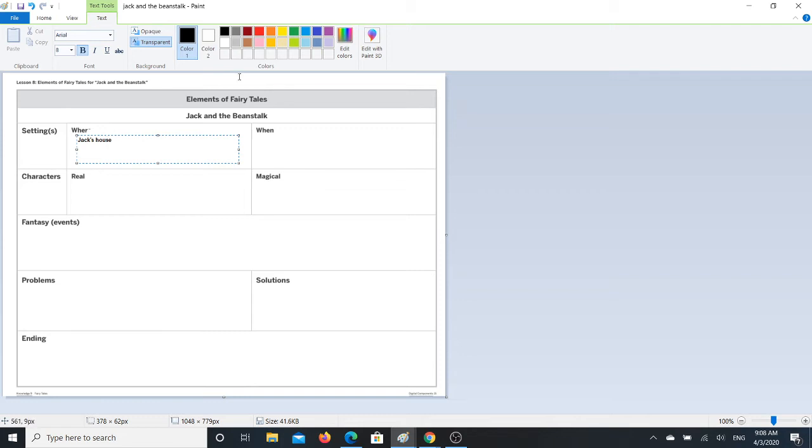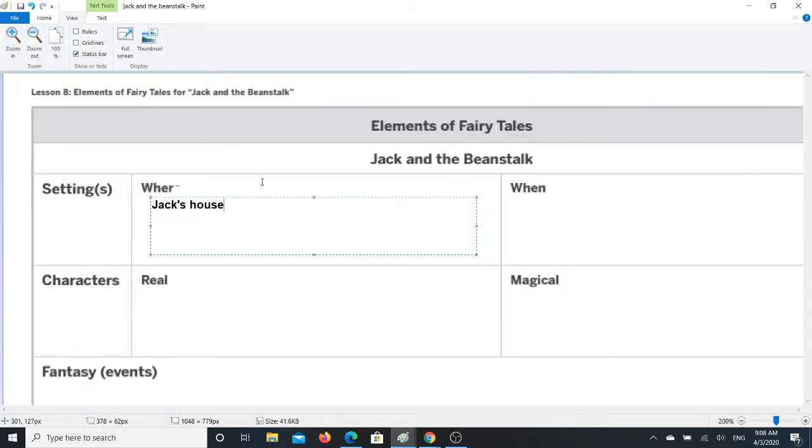So let's see if I can make this bigger. So it does begin with Jack's house. And then it also takes place at the giant's house, right? I don't remember there being any other settings. I think the where is either just Jack's house or the giant's house.